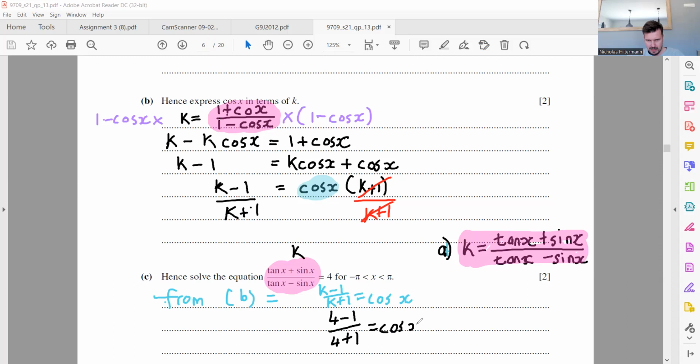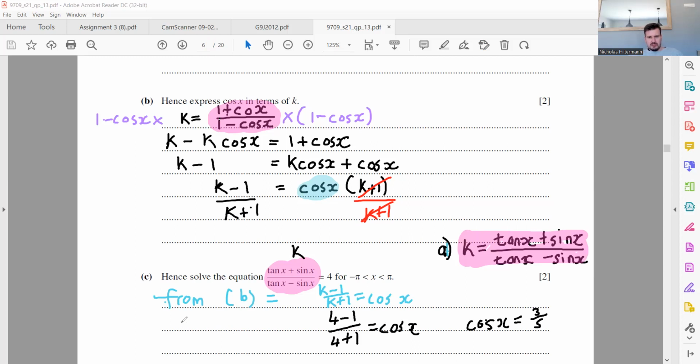And essentially now I've solved for x, which is what I need to do. So I need to get x. So cos x equals 3/5.